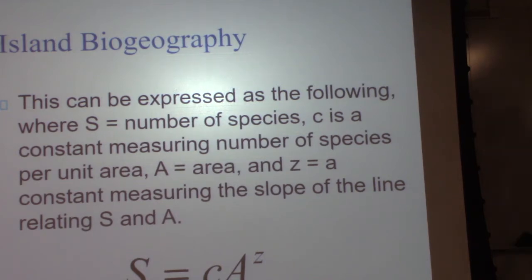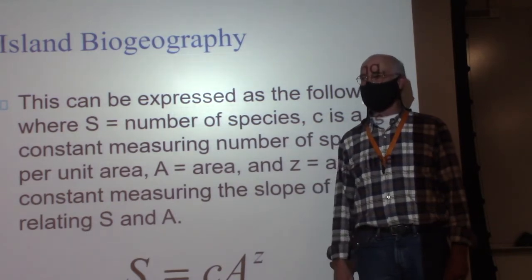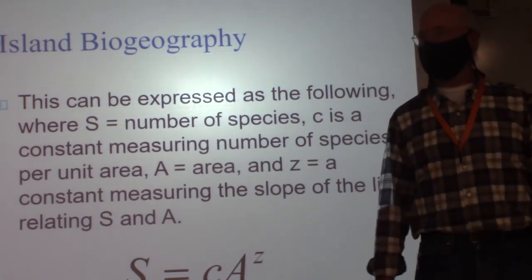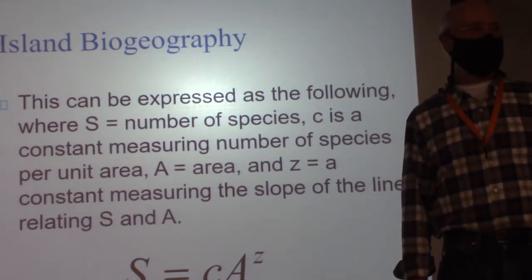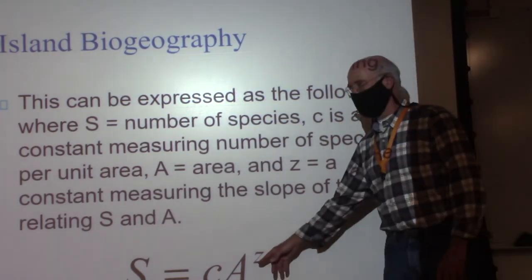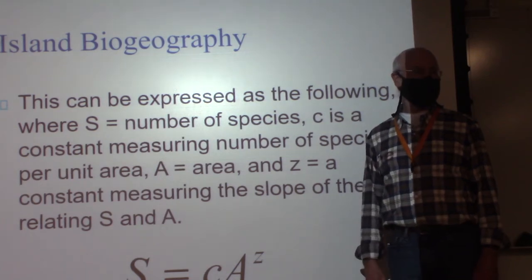It turns out if you take, what's the log of a product? What's the log of A times B? It's the log of A plus the log of B, okay? What's the log of A raised to the Z power? It's Z times the log of A, okay?